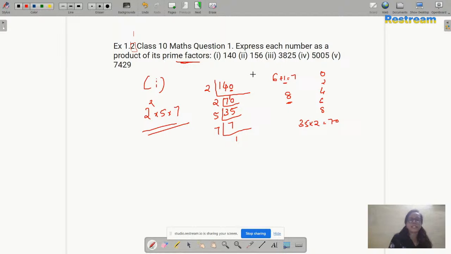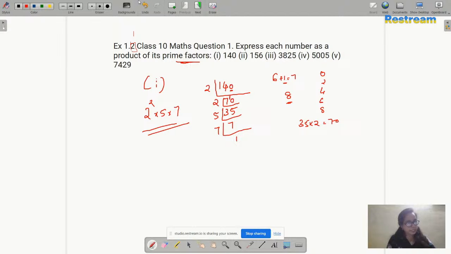What are the factors of 156? How can you divide 156? Yeah, I'm waiting. I have to get the answer now. Quick. 156 is equal to 2 square into 3 into 13.